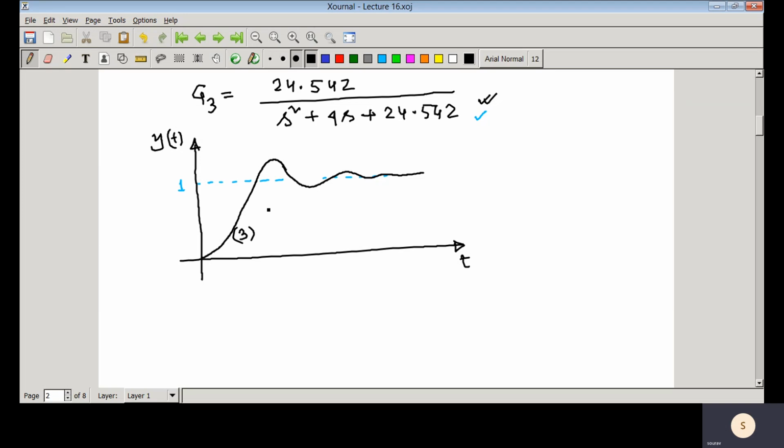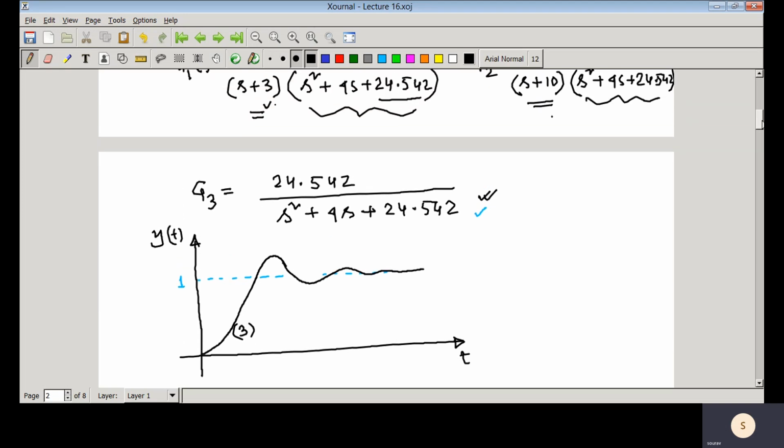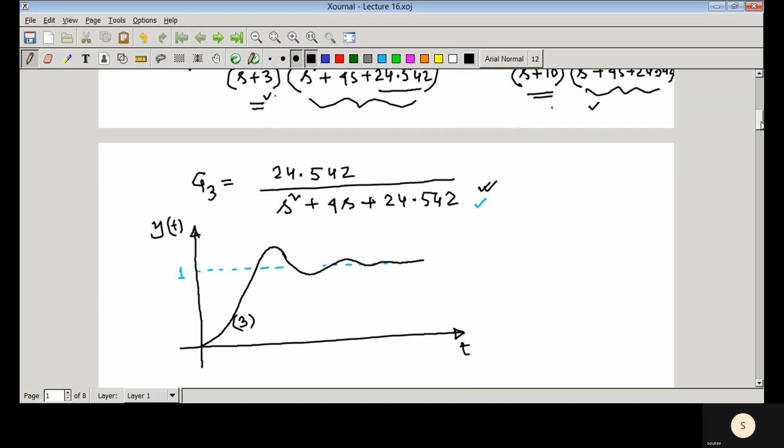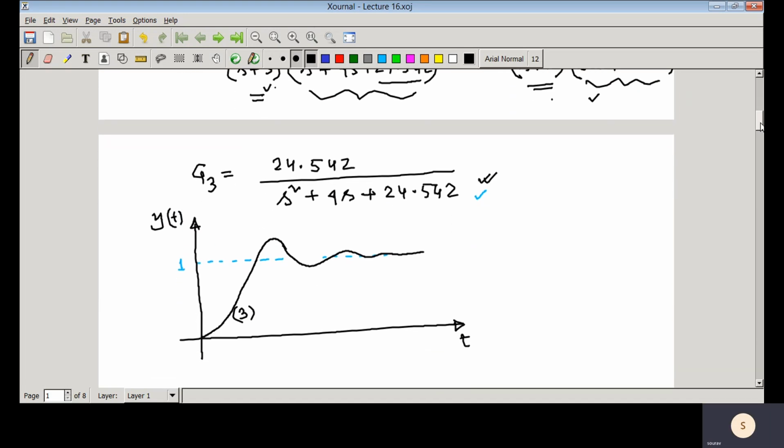So now what would be the step response for 2? If you plot it, you will see the plot looks like that.